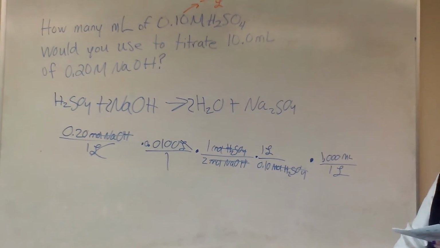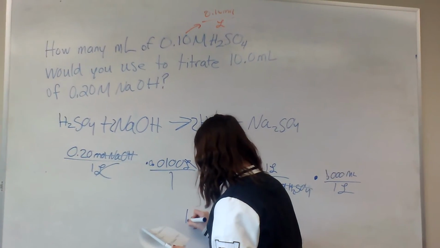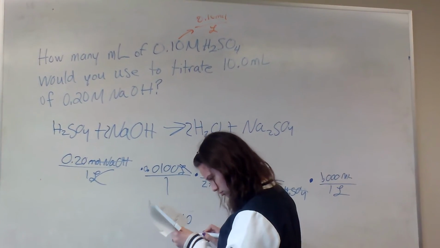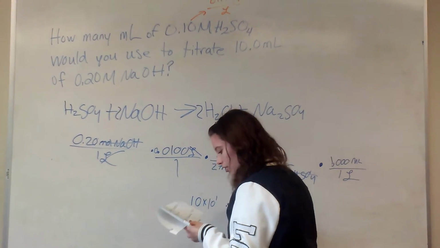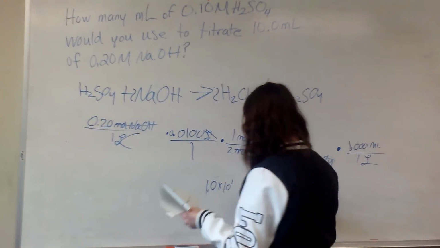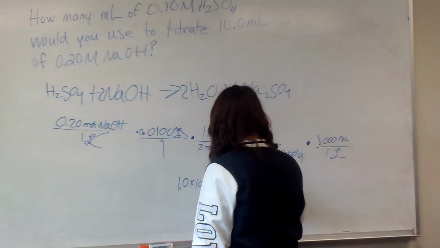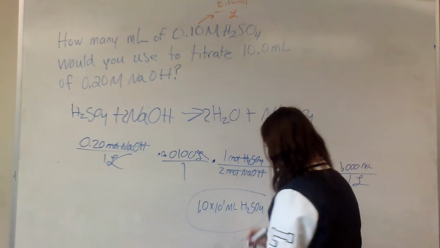Plug all that into your calculator and you get 1.0 times 10 to the 1, which really means 10, but we have to have two significant figures. So 10. milliliters of H2SO4.